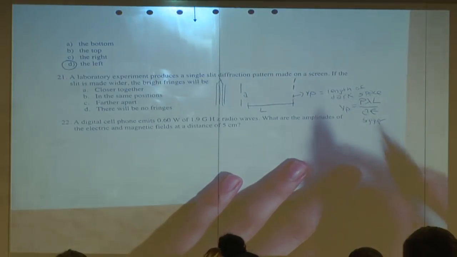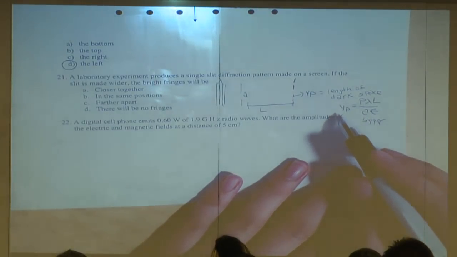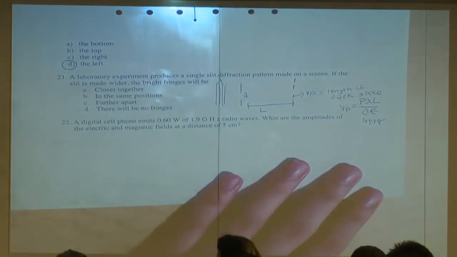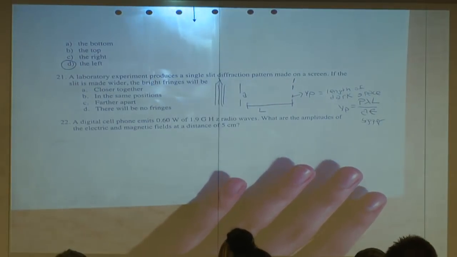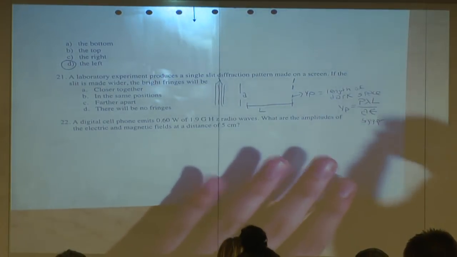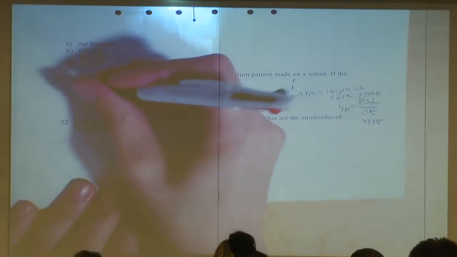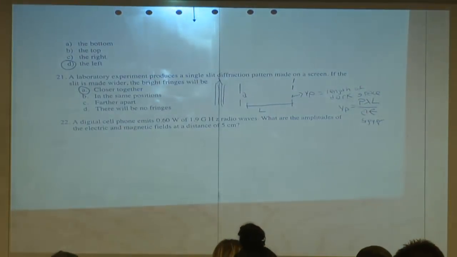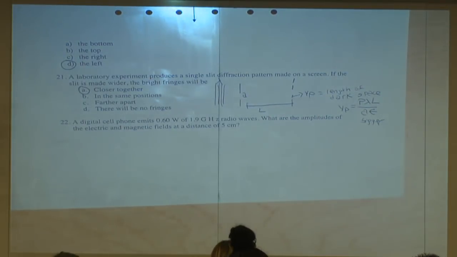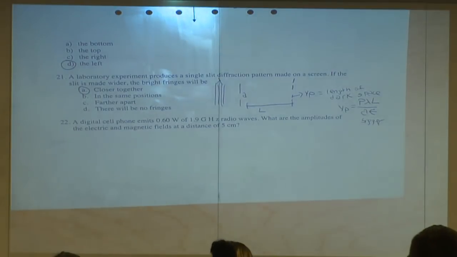Then YP would be getting smaller, because A is in the denominator. If the distance between the bright fringes is getting smaller, then they're closer together, because the dark space is decreasing. Does that make sense, everyone? I know I had this confused before.